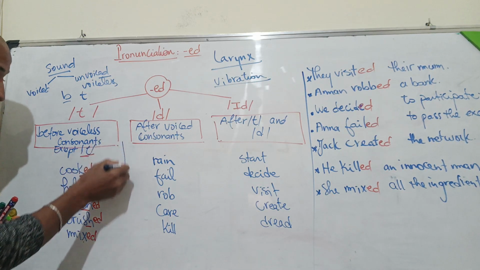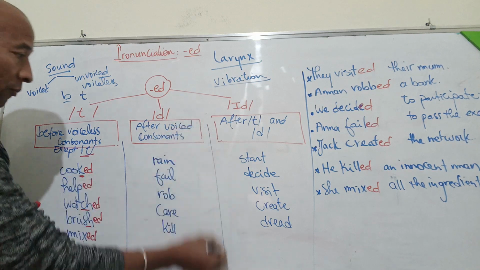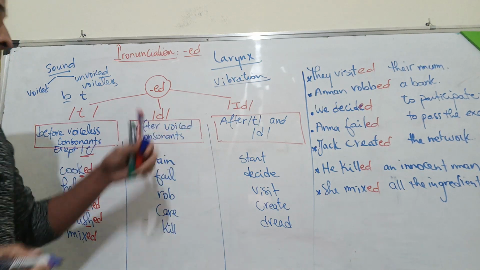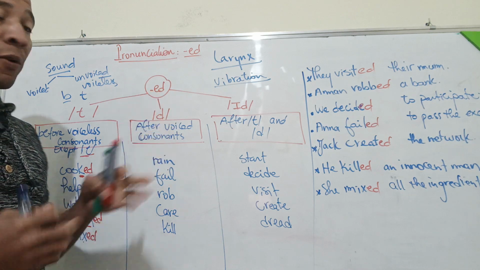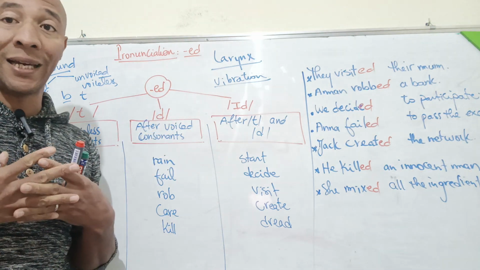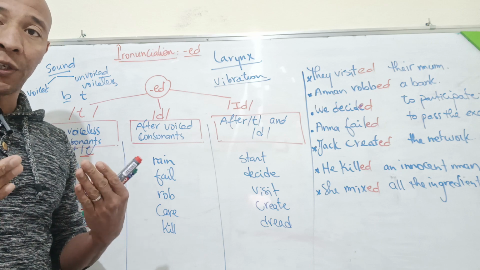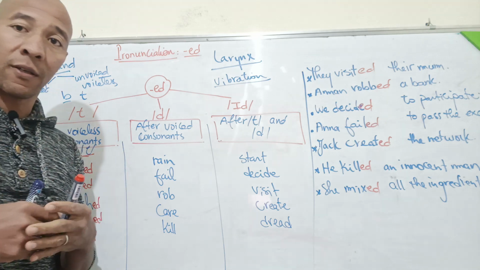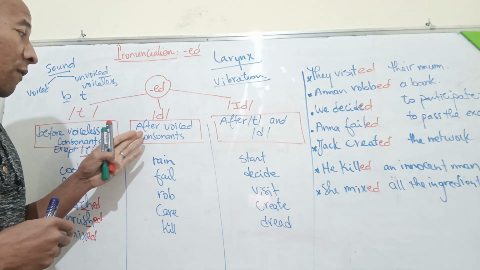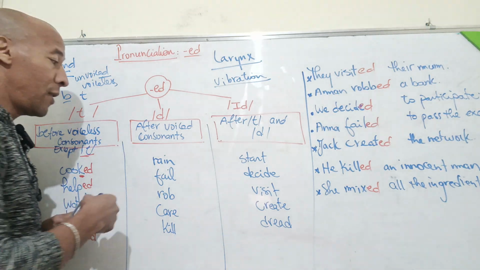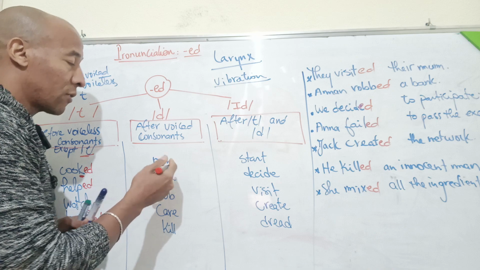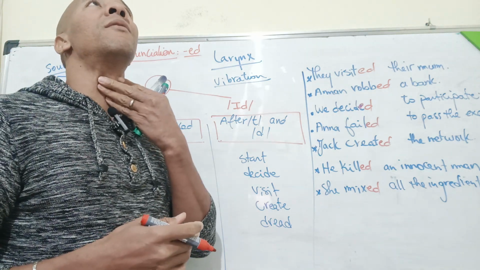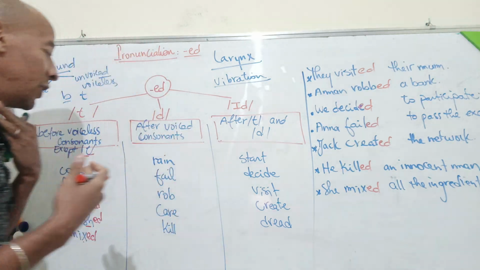Okay. Now move on to the next variation. Here -ed is pronounced d after a voiced sound this time. For example, n in rain. There is some vibration here, so it's voiced.